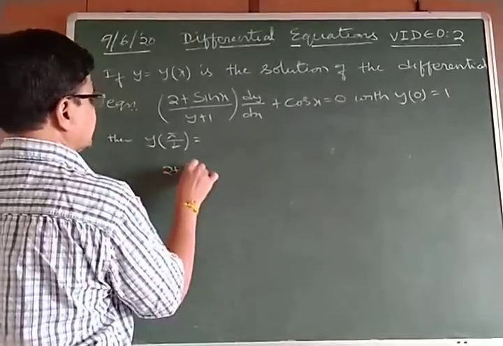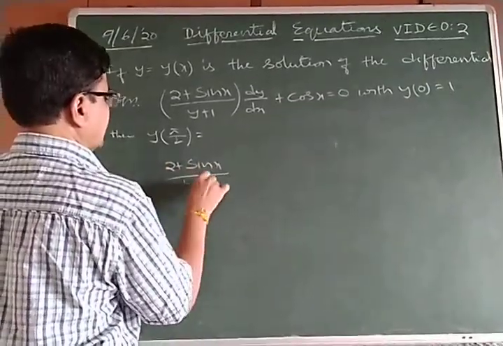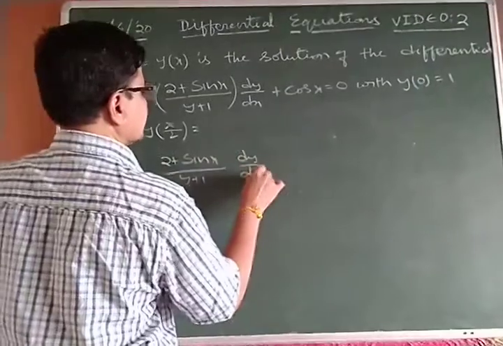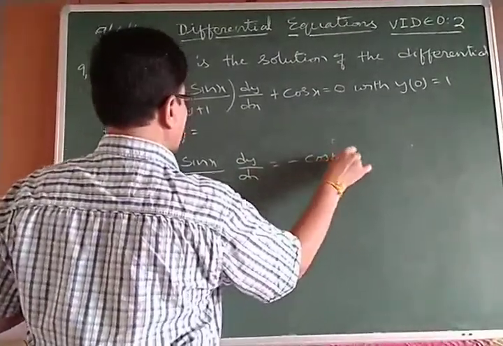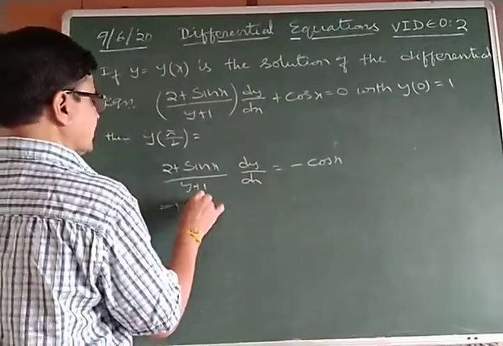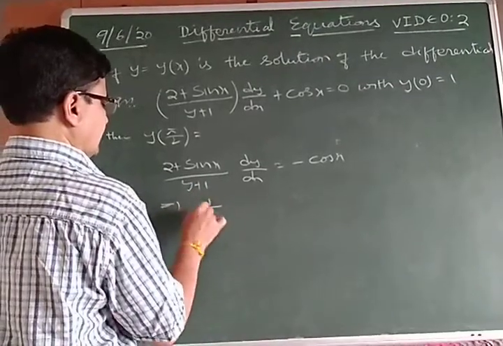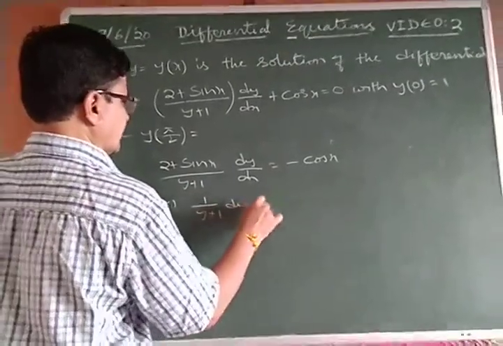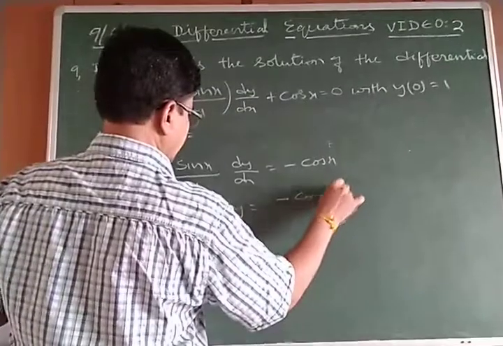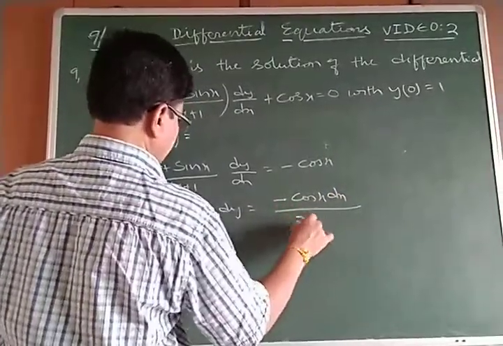2 plus sin x by y plus 1 into dy by dx is equal to minus cos x. So that implies 1 by y plus 1 into dy is equal to minus cos x into dx by 2 plus sin x.